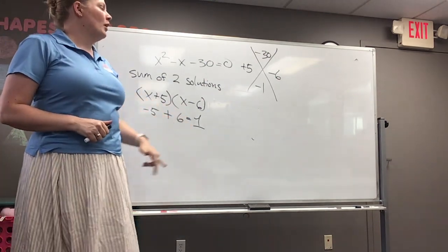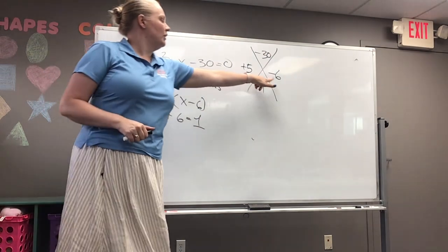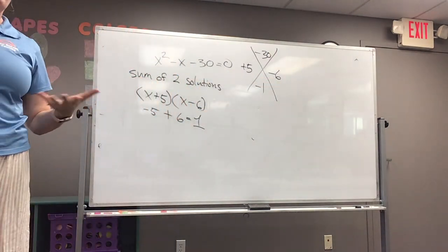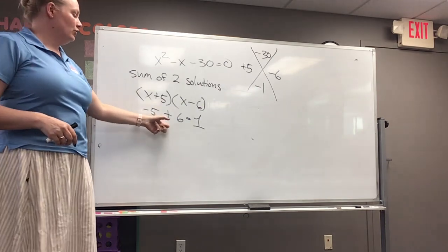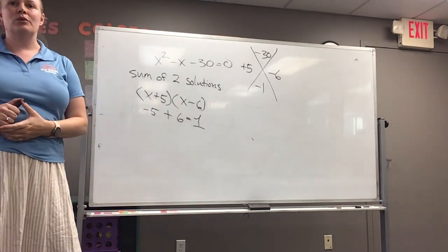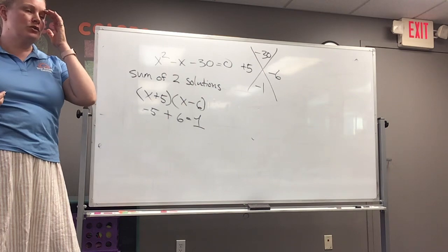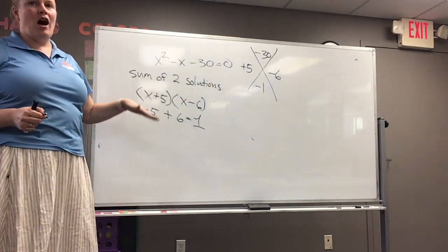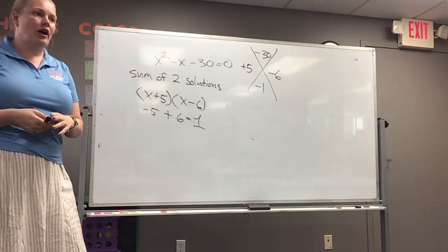They will also offer up -1. If you stopped here and just added those together, you would be getting the -1 rather than adding up the solutions to get the positive 1. So be careful not to jump to, okay, I have this is the answer. Still get that opposite sign whether you write it out or not.